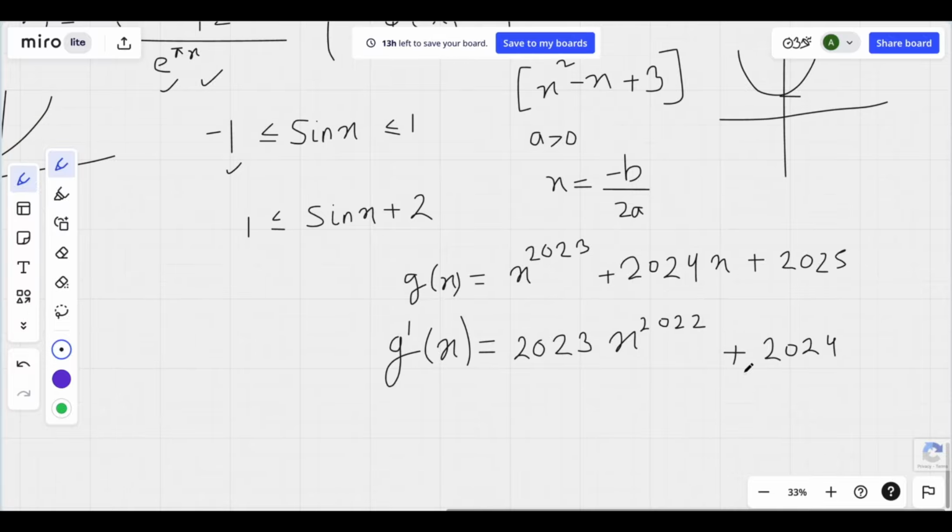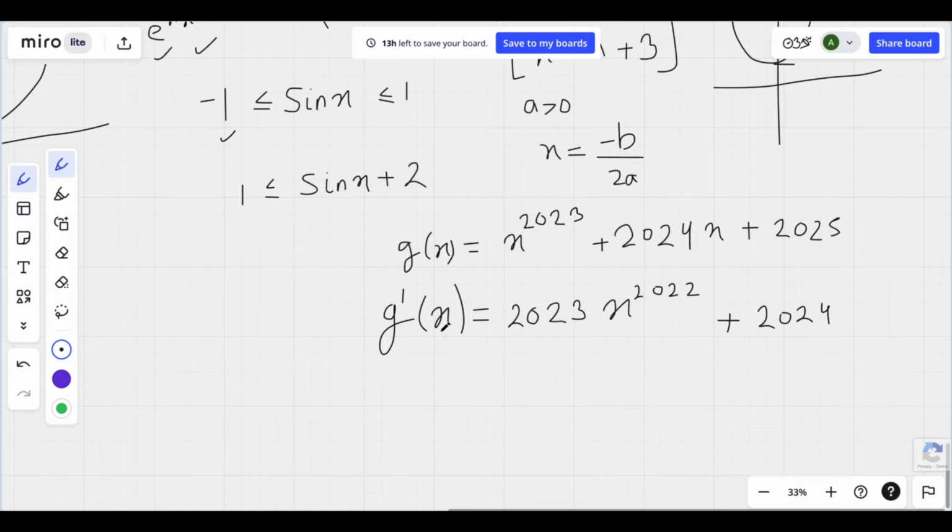What we can see from this first derivative is that it will always be positive. Because it's an even power, no matter what value of x we put, this will always be positive. At minimum it could be 0 if we put x equals 0, but then we have 2024, which will make this positive.